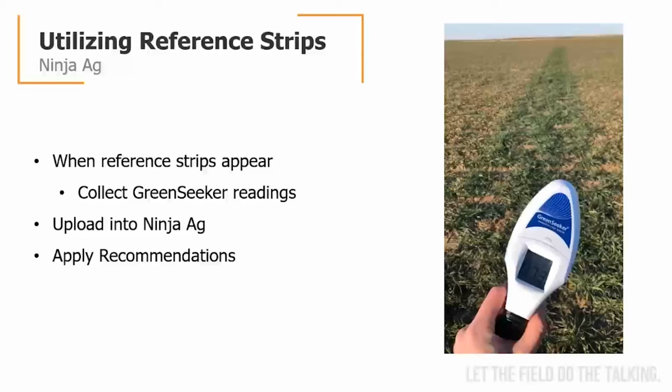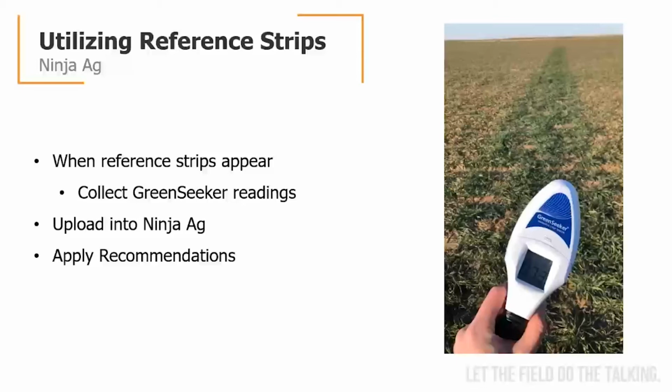So what do these reference strips look like in action? Here's an example of a grower who spent 10 hours putting out reference strips and collecting GreenSeeker data across 2,200 acres in a week. He had a net return of $42,000 because the algorithms reduced the nitrogen rate based on that response to the enriched strip.